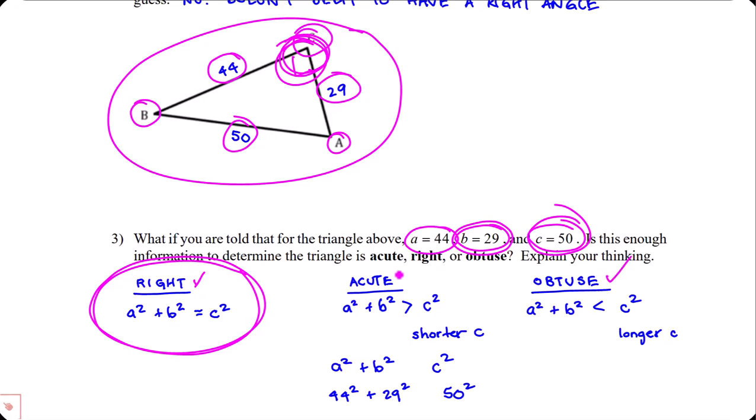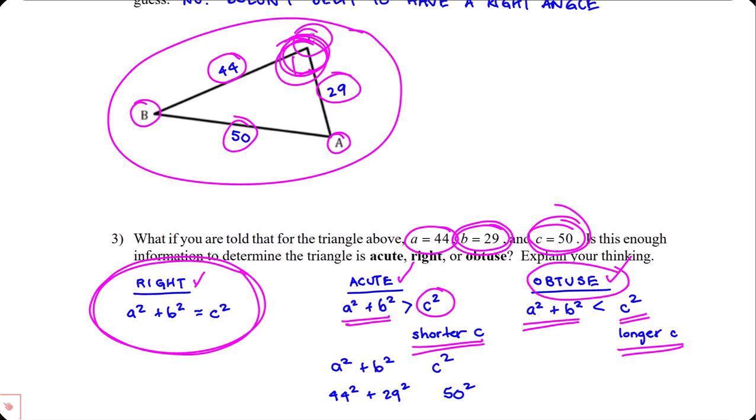And if it's smaller than a right angle, it's acute. So if the two sides squared is bigger than C, it must be a smaller C. If these two squared and added together is smaller than C squared, then C must be larger. And so the angle that used to be a right angle is a little bit bigger than a right angle or a little bit smaller.